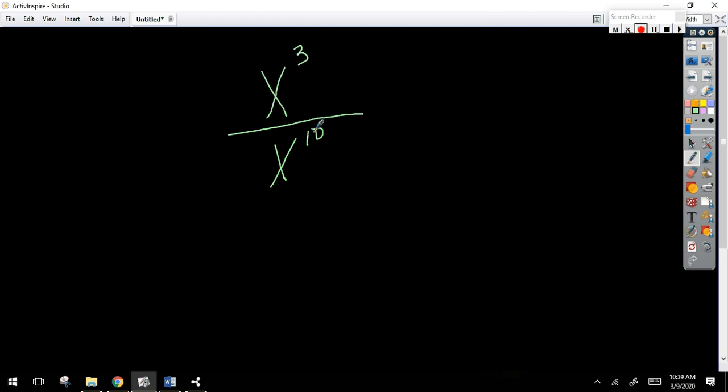Then 3 minus 10 would be negative 7, so it becomes x to the negative 7. But because a negative exponent is not simplified, I would need to flip it and make it positive.